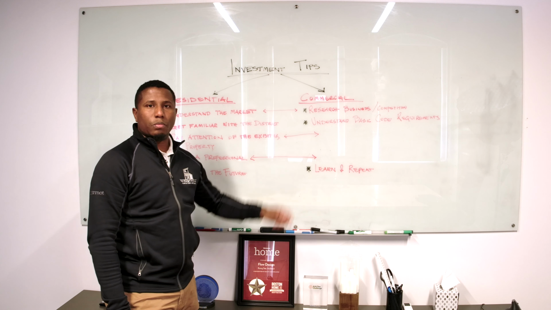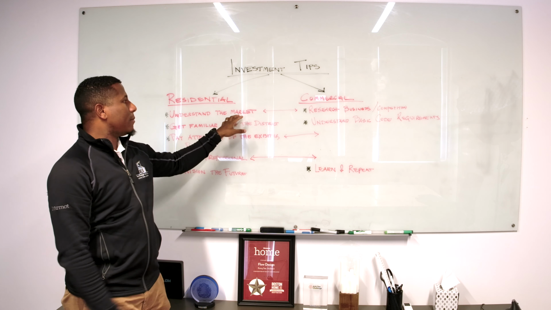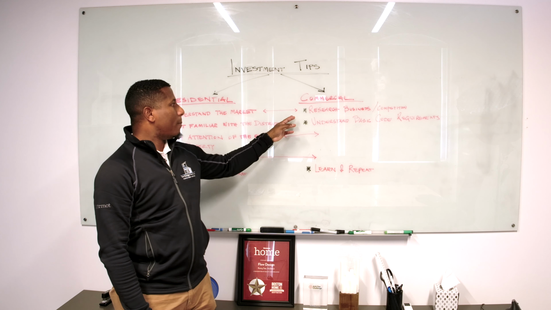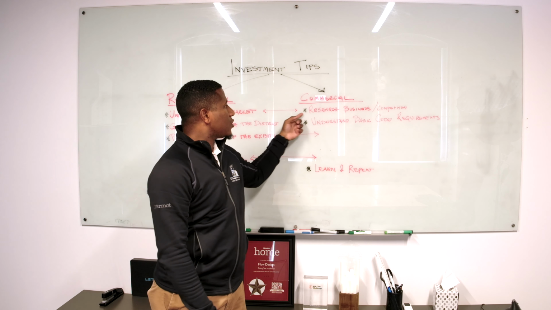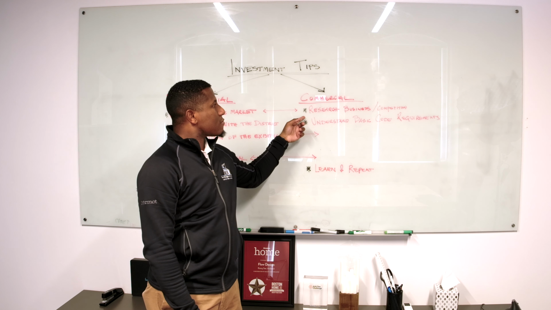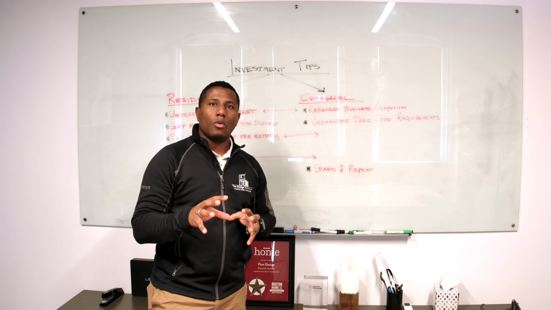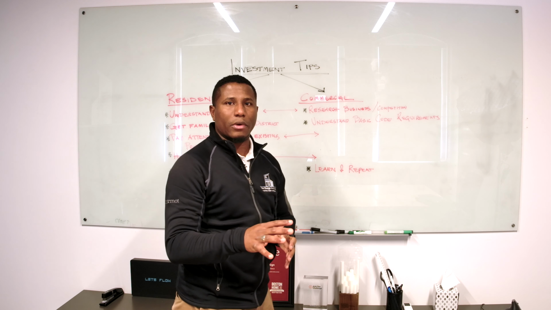In terms of commercial properties, very similar. So understand the market, it repeats in that category. But I actually put in here research, business, and competition. This one is number 1 in terms of the commercial: understand what your competition is. What is your competition around your property?